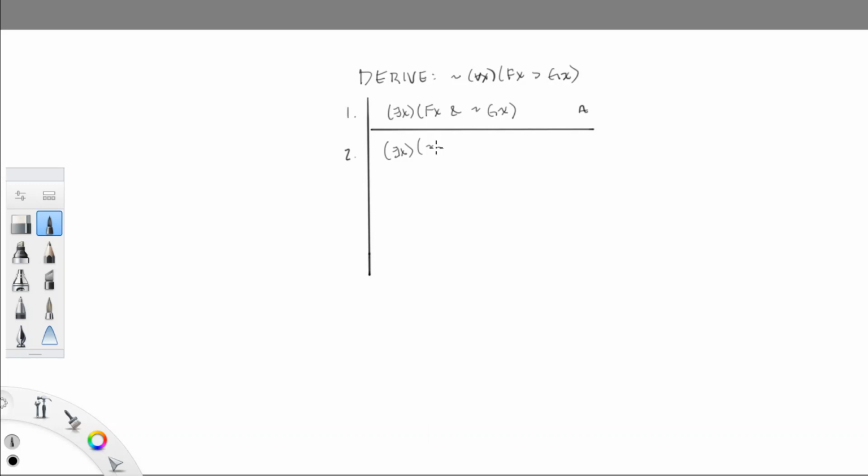Suppose I work in 2 tildes in front of that fx. That's line 1, double negation. Double negation says you can add 2 tildes to a component, or you can take 2 tildes off if you already have them.